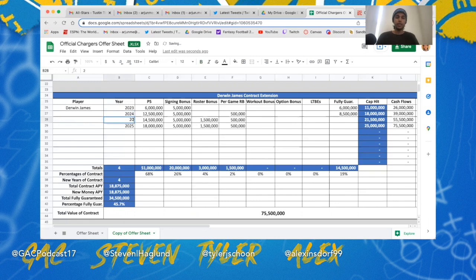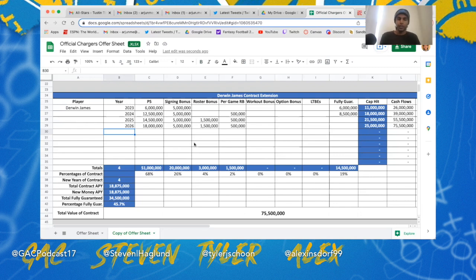So what this means is Derwin James's cap hit for this upcoming season will be decreased if he signs an extension. That's what I think is going to happen. But for the sake of this exercise, I'm not doing that. I'm just creating a normal contract extension.